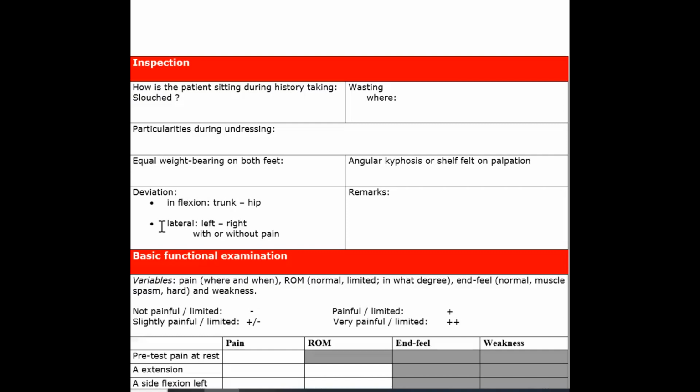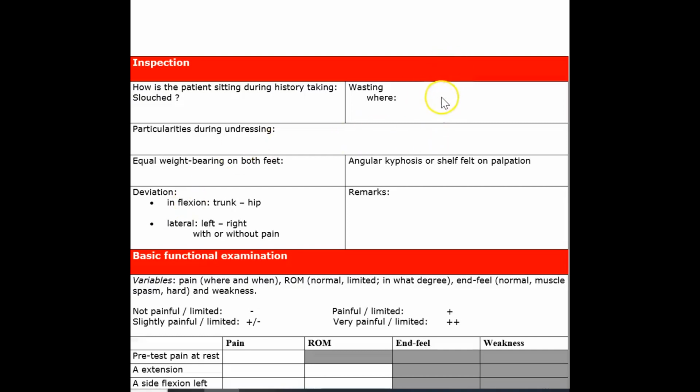Mostly, of course, they still have a lot of pain, but occasionally you see a patient who still has a lateral deviation, but with less or even without pain. In that case, we could do a series of anti-deviation treatment techniques, which are quite useful.